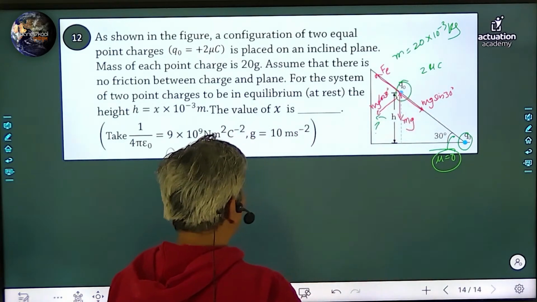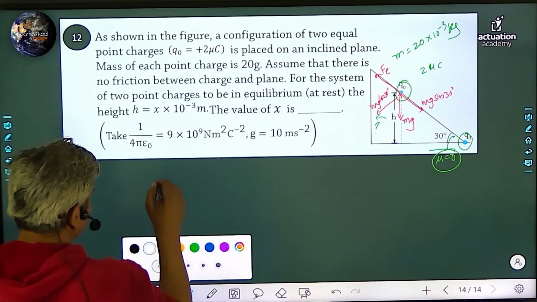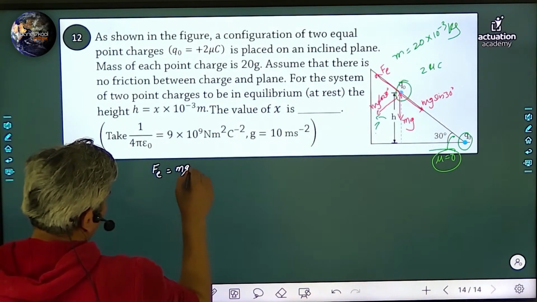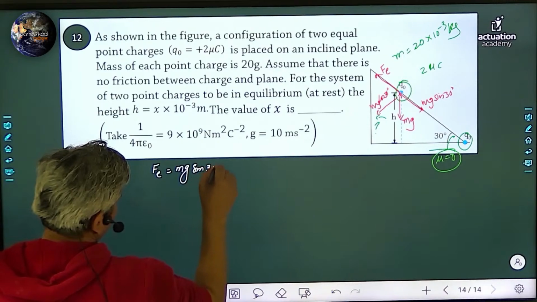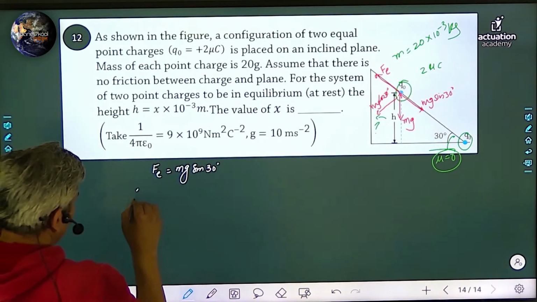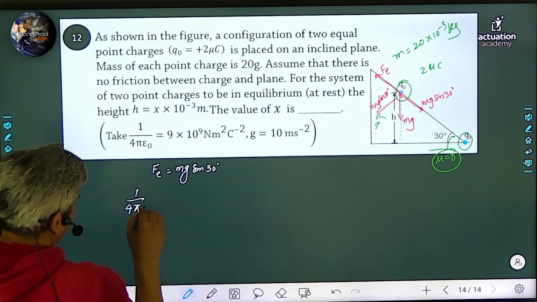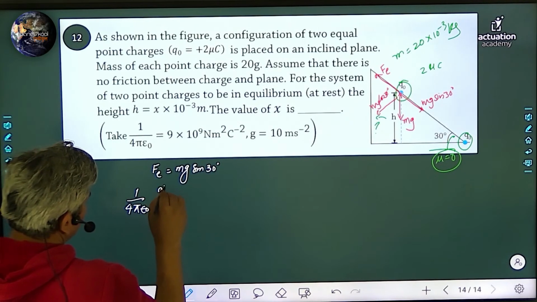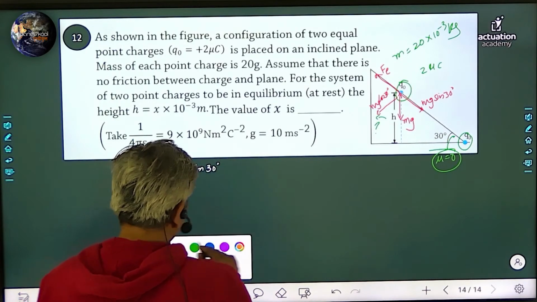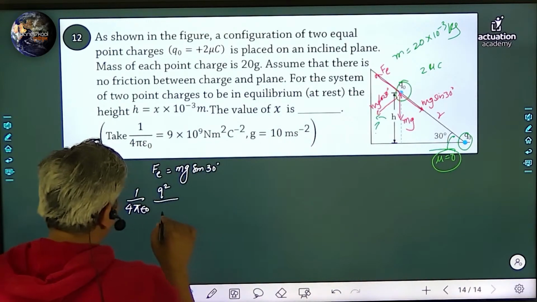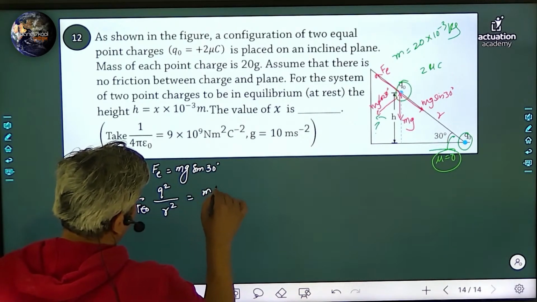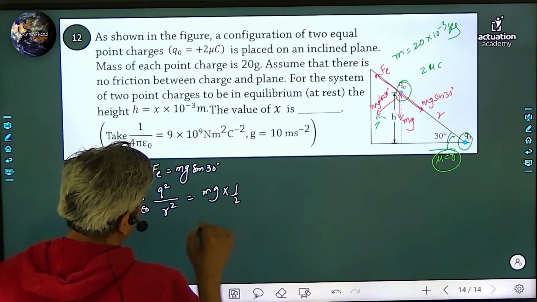So the electrostatic force must balance mg sine 30. For electrostatic force, we can write 1 by 4 pi epsilon naught q square divided by r square, where r is this distance, which is equal to mg sine 30, means 1 by 2.